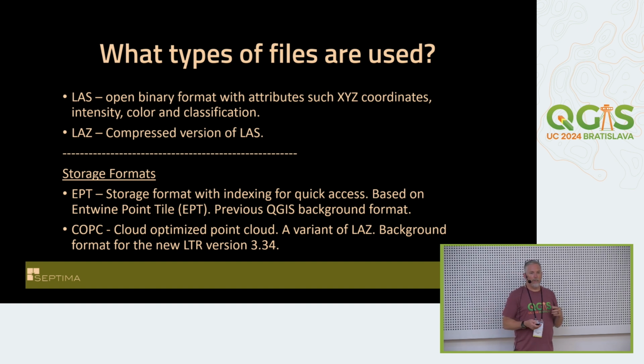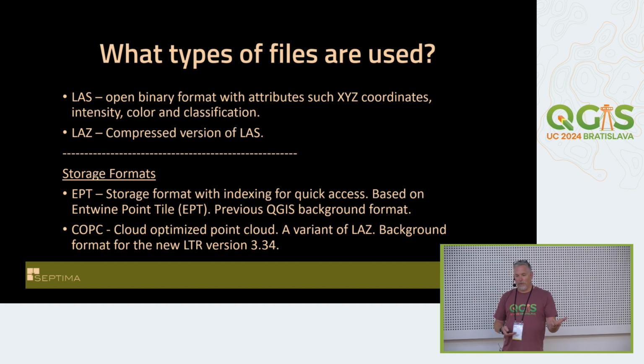So with point clouds, the data come typically as LAS or LAZ. LAS is an open binary format with attributes, as I mentioned, like XYZ coordinates, intensity. And LAZ is simply a compressed LAS. And when you bring one of these data sets into QGIS, it converts it into an indexed kind of storage format. So there's EPT, which is Entwine Point Tile.